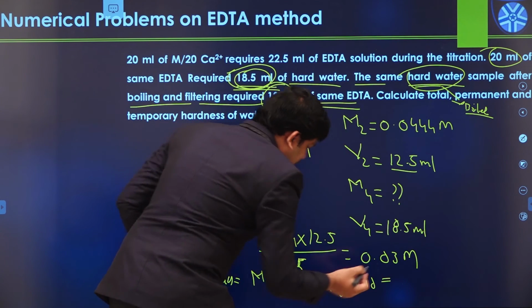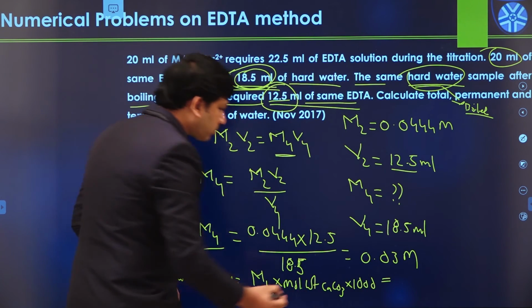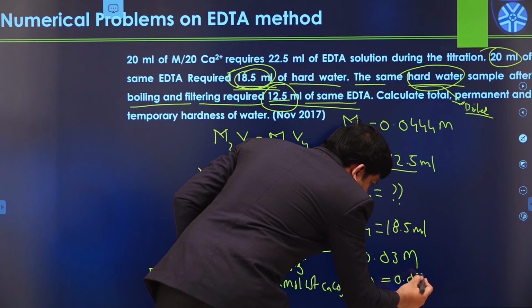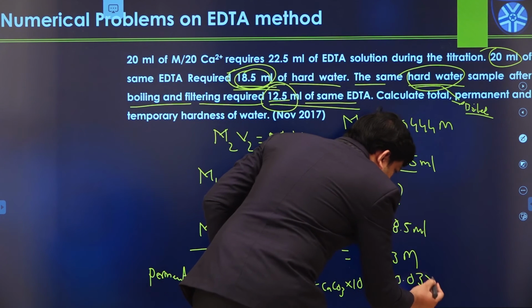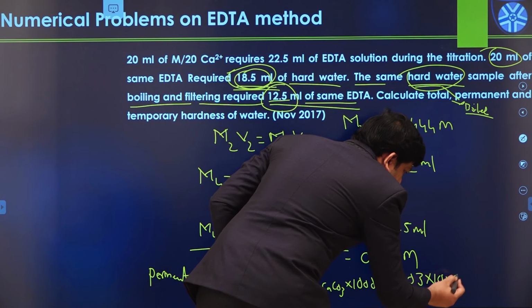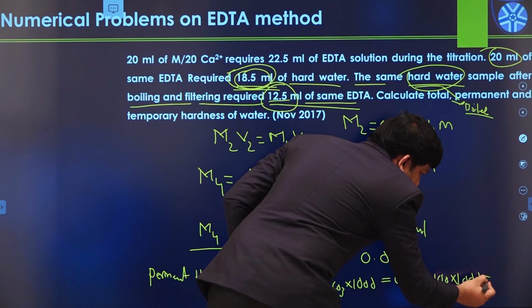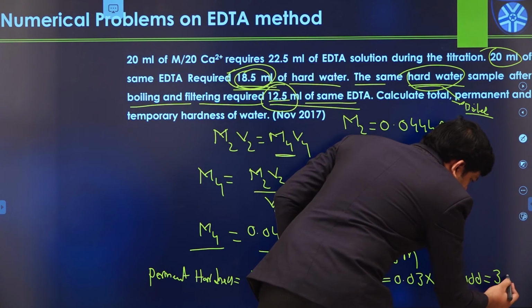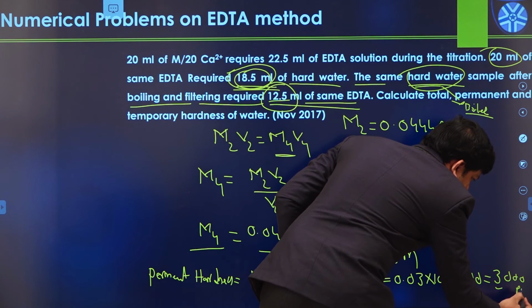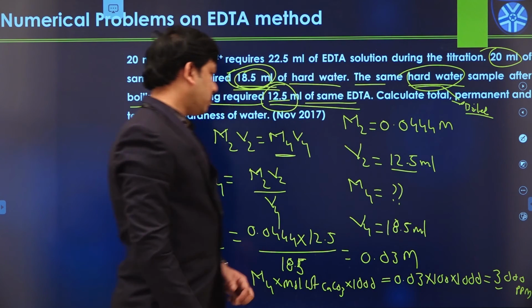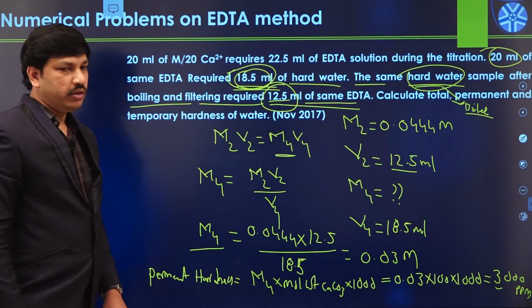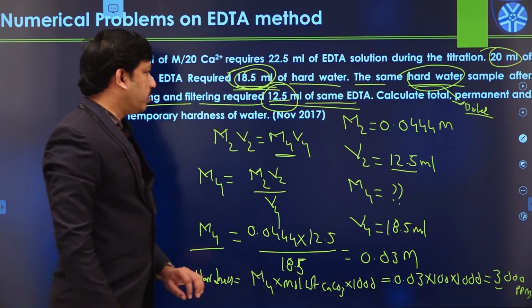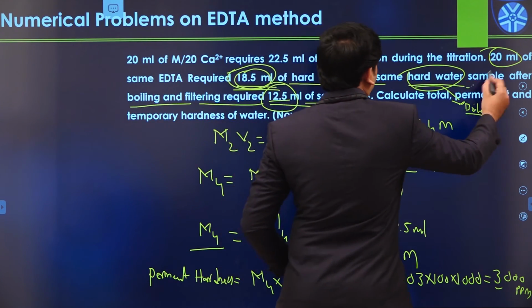What is the M4 value? 0.03 into molecular weight, actually 100, into 1000. So this is actually 3000 ppm. So this is the permanent hardness value. So now we have measured the permanent hardness also.